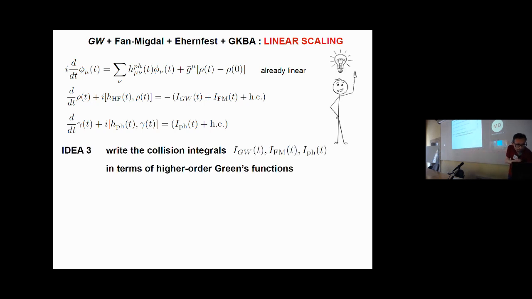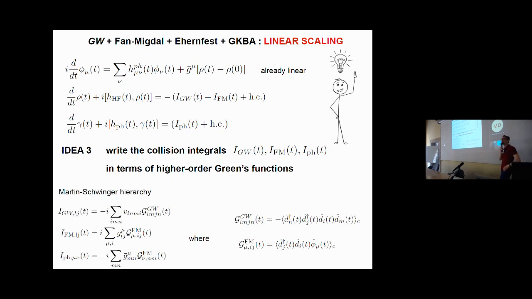So now the idea is to recast the collision integrals not in terms of the self-energy that requires some memory integral that kills you, but in an alternative equivalent way, which is cast in terms of higher order Green's function. This is something not new because it is known since the old times as the Martin-Schwinger hierarchy.